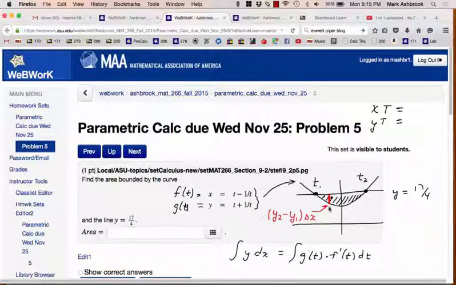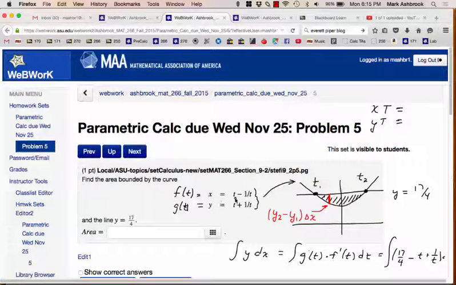So now it's the difference of y's, so this is going to be upper y minus lower y. Upper y is 17/4. It's going to be 17/4 minus lower y, which is our t plus 1 over t. And then times f prime of t dt.